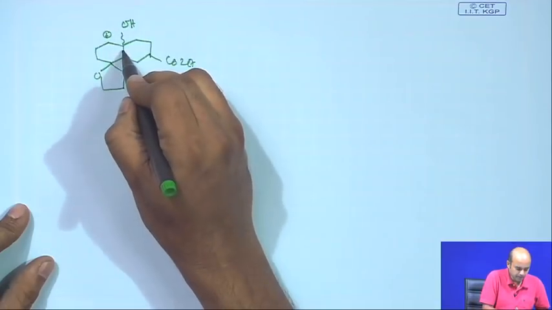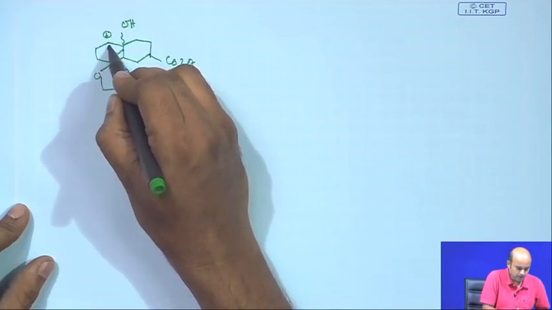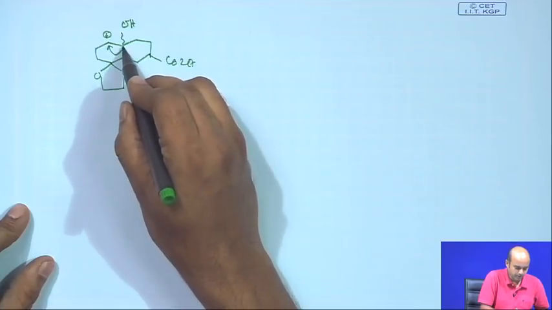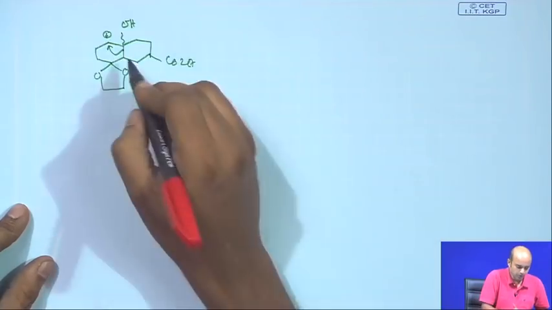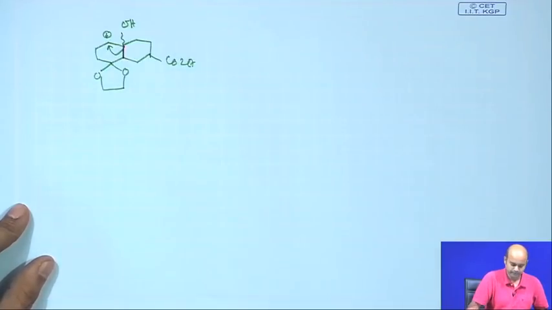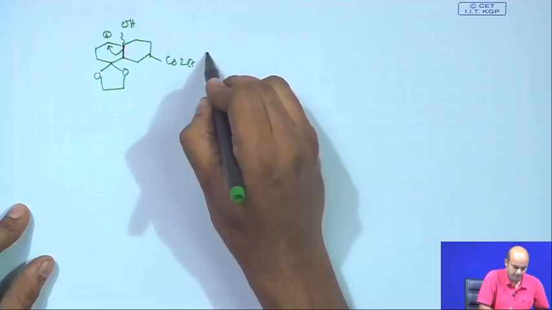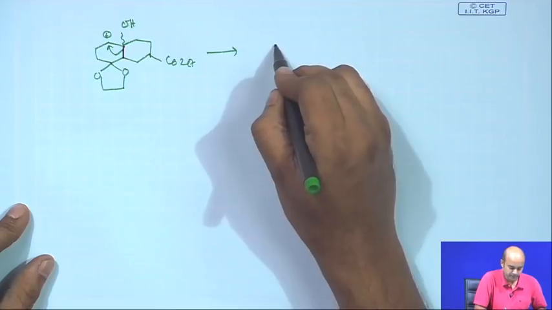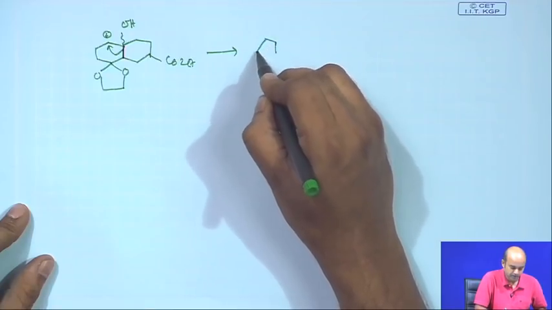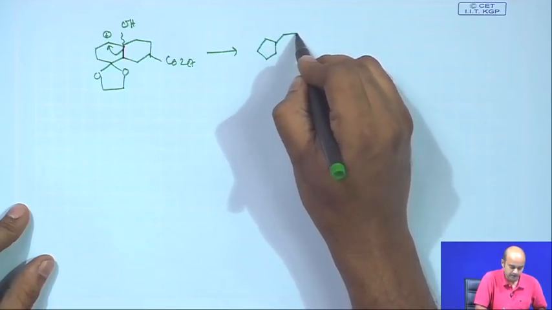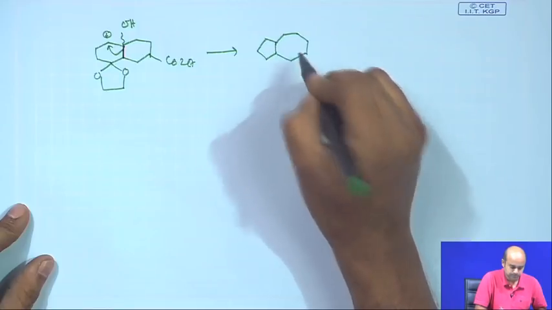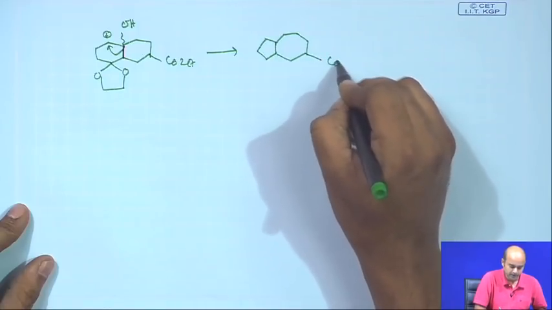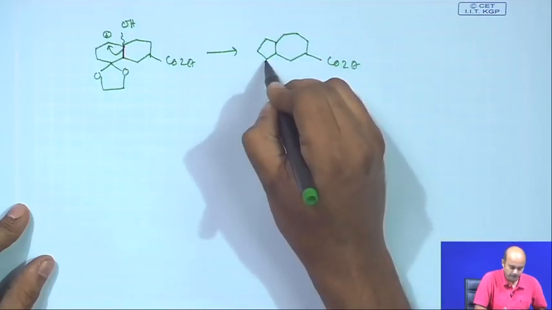Now, this carbocation will be the rearranged carbocation, or this particular sigma bond will basically migrate, and once this migrates, the left hand side ring will now be a 5-member ring. It is basically the contracted ring, and the right hand side ring is now the expanded one.